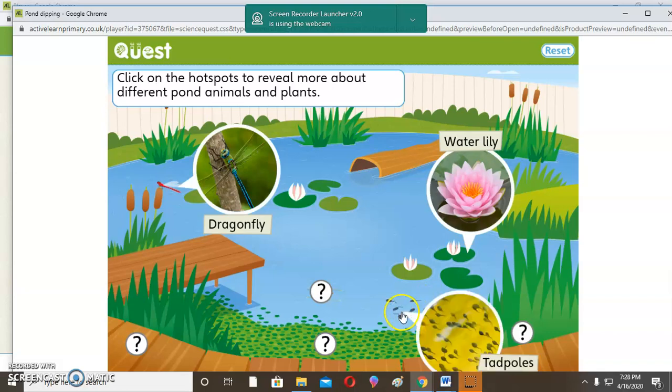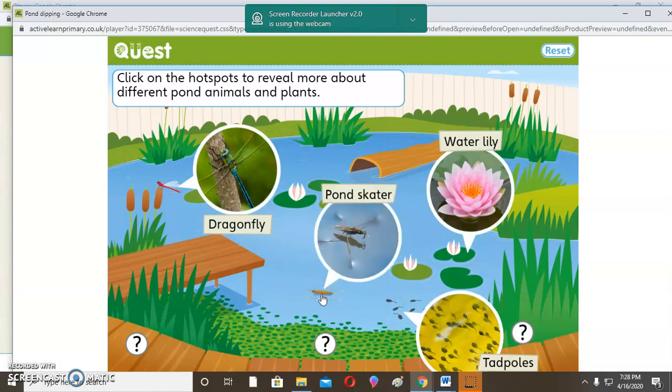It is a tadpole. These tadpoles are the babies of, I want you to guess, frogs. Now let's find out what you think this is inside the water.